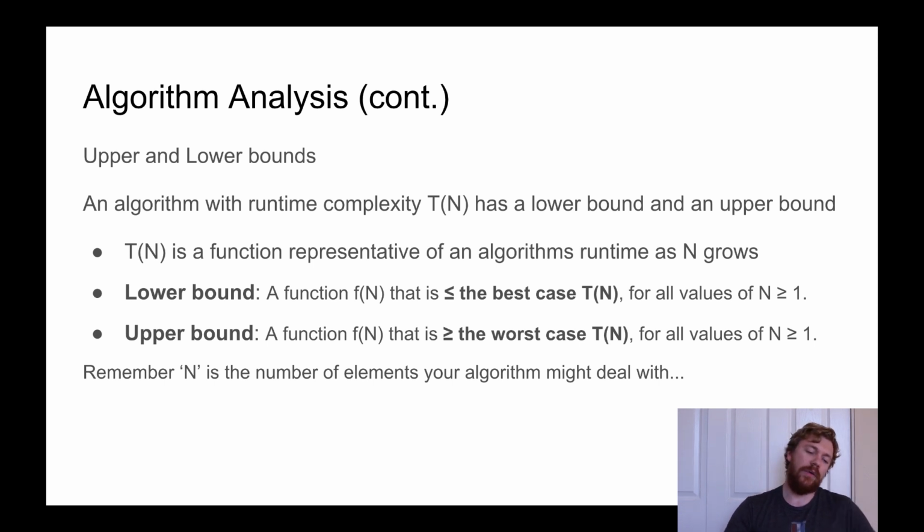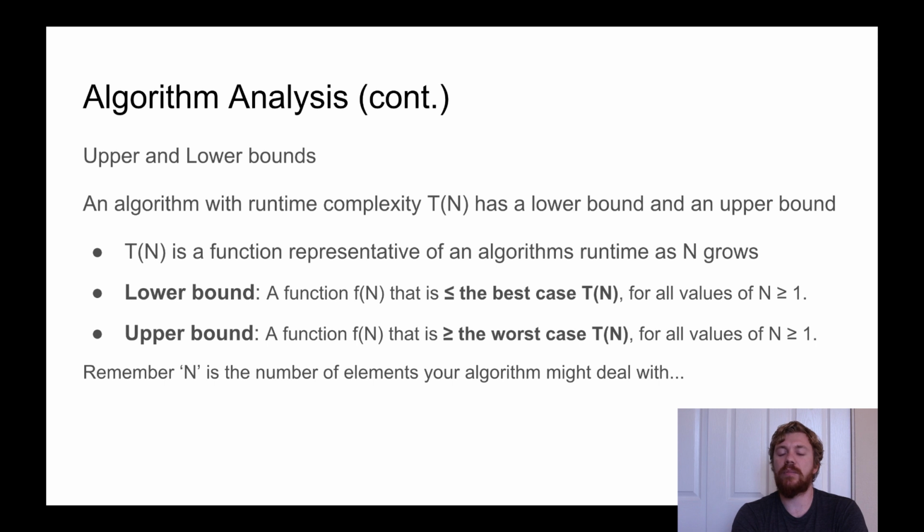And so now here we get into some of the terminology and definitions for algorithm analysis: upper and lower bounds. So, an algorithm with a runtime complexity T of n. Before I continue, n is the number of elements in some sort of array that you're going to work with, whether you're searching or sorting or whatever.